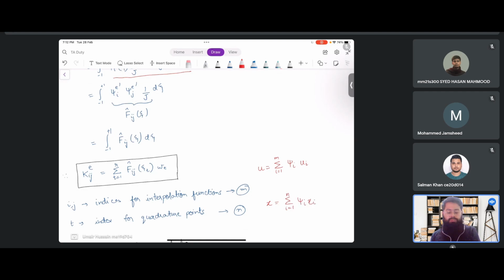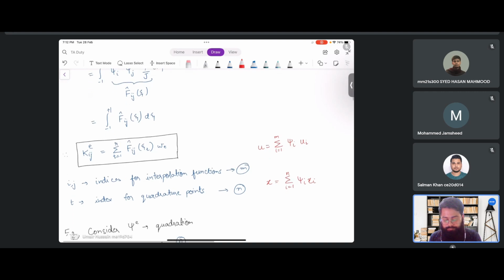So this shows an approximation of the geometry. So n represents the number of interpolation functions being used to approximate the geometry. So here the number of quadrature points basically determines this. So t represents n here, and i, j represents m here.